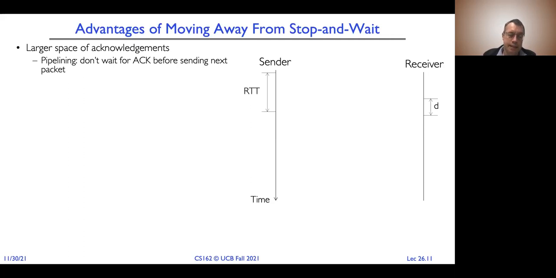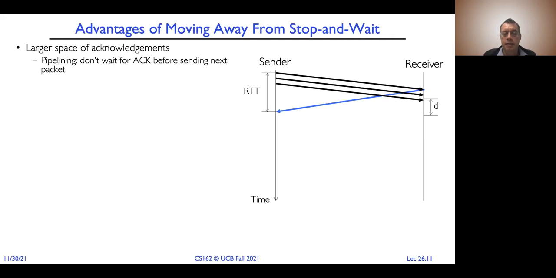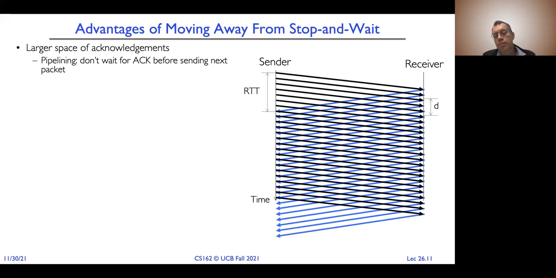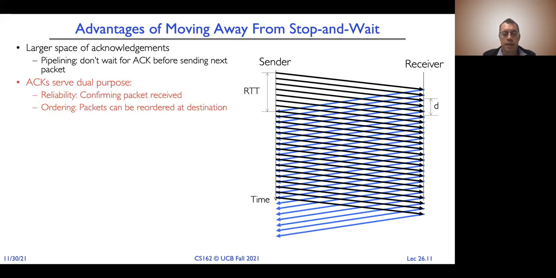And if the packets are lost, things get complicated, right? But this being said, this is a solution for improving the performance, right? You send a lot of packets without waiting for the acknowledgement. So we pipeline the sending, right? So that's very simple.